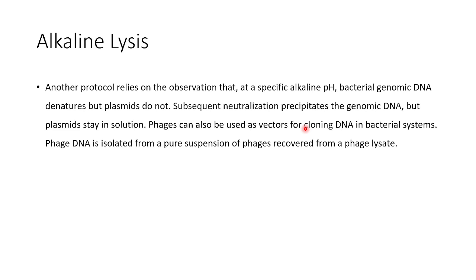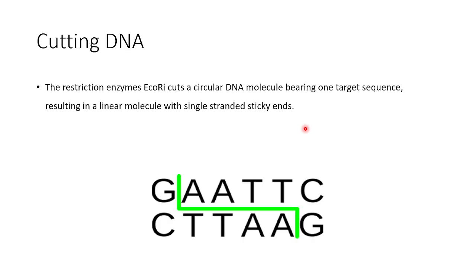After subsequent neutralization, the genomic DNA is precipitated, but your plasmid stays in the solution. After this, we wash it and then separate it using different types of columns, like a silica binding column, and then we elute it with water.